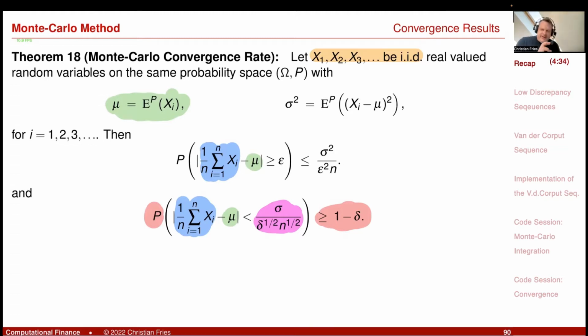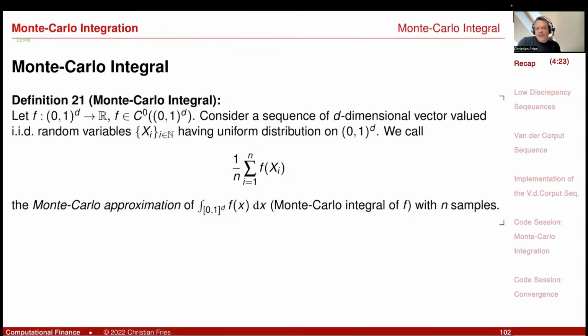We discovered that this method had some nice properties, especially when we looked at an application, and our application was the Monte Carlo integral. So we are now considering a special sequence. The sequence is now uniformly distributed on the unit cube [0, 1] to the power of d.